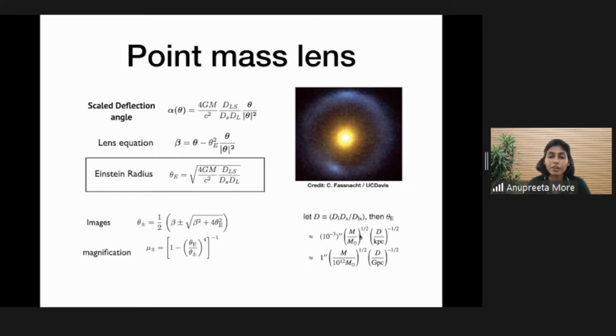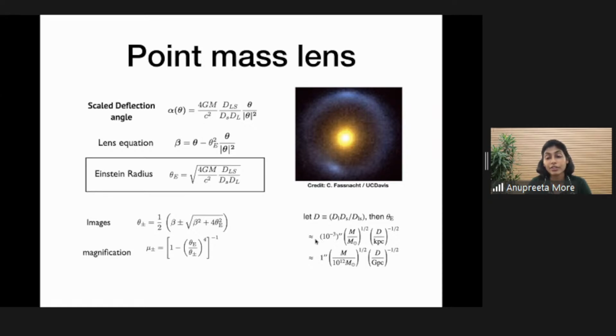For example, if you consider a mass of the order of our sun, so one solar mass, and distances that are of the order of a kiloparsec, then you will find that the Einstein radius, or the angular image separation that we expect, is of the order of milliarcseconds.